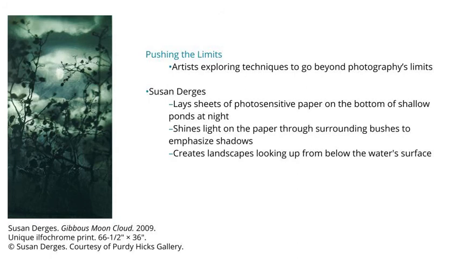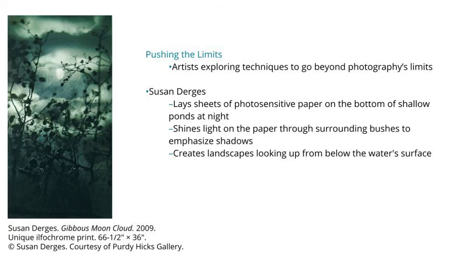Now, let's look at some people who push the limits of photography, who get a little experimental. Artists sometimes explore techniques to go beyond what we consider the limits of photography. So here is a photo by Susan Derges, and she lays sheets of photosensitive paper on the bottom of shallow ponds at night.